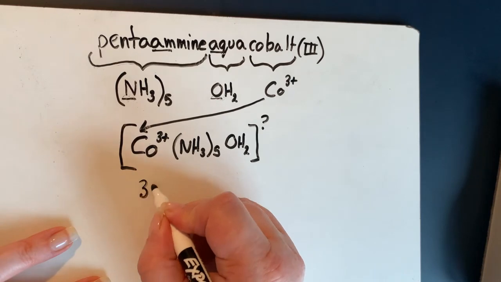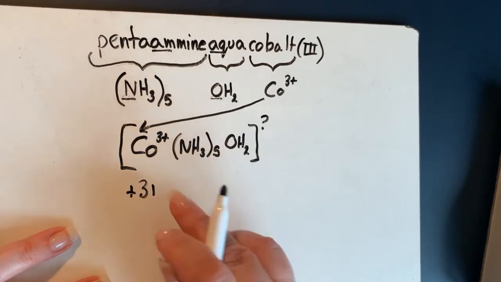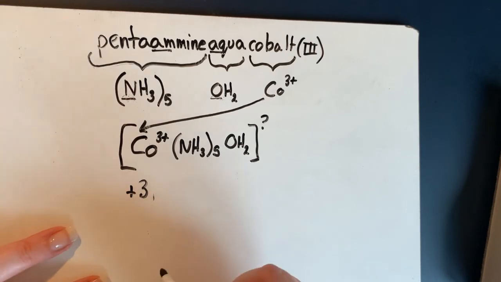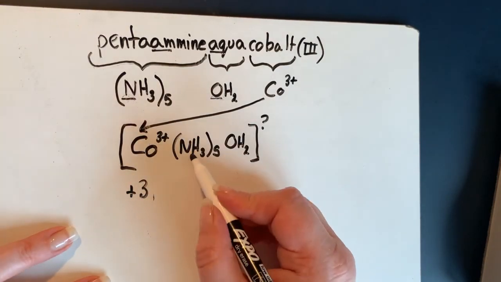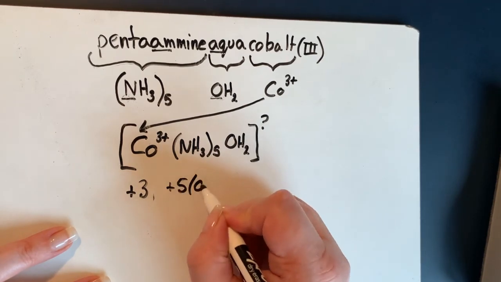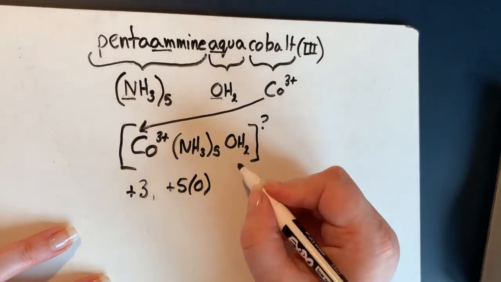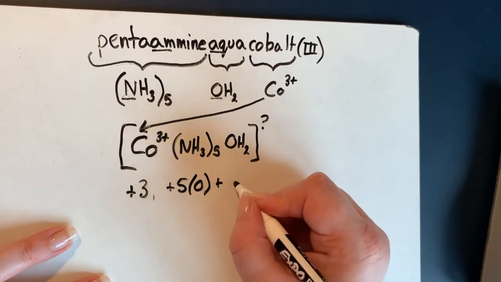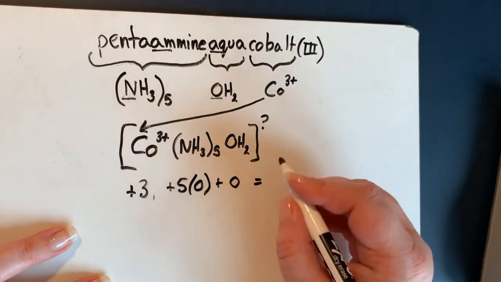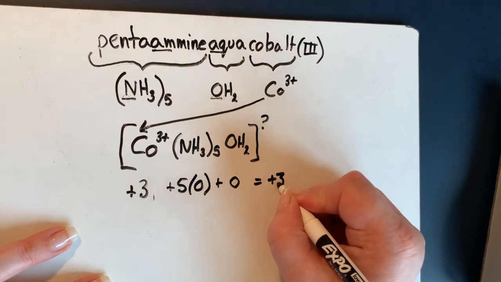So we've got our 3+ from the cobalt, ammonia has no charge, so 5 lots of no charge makes no difference. Water has no charge. So in total, the whole thing adds up to +3.